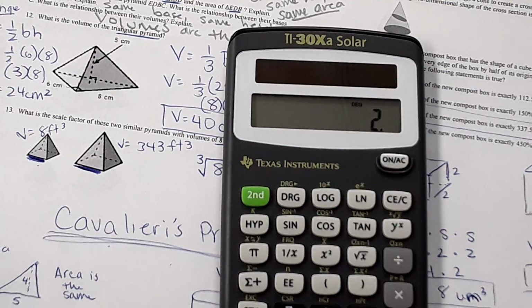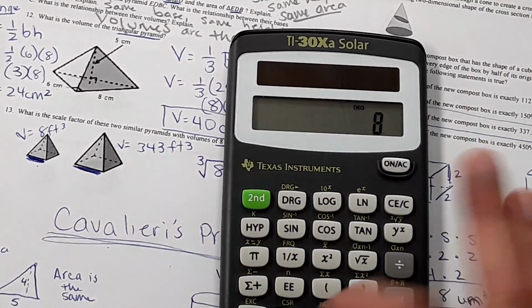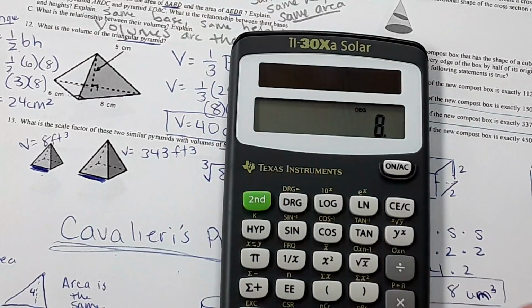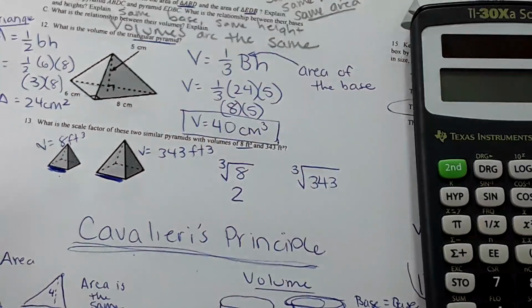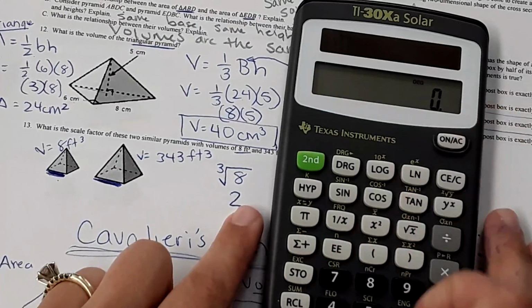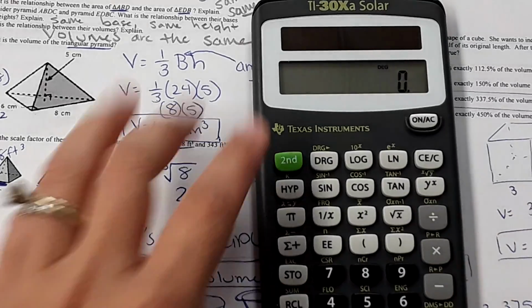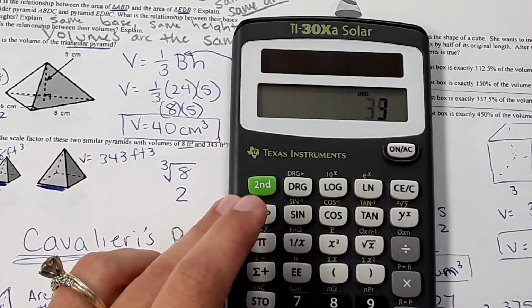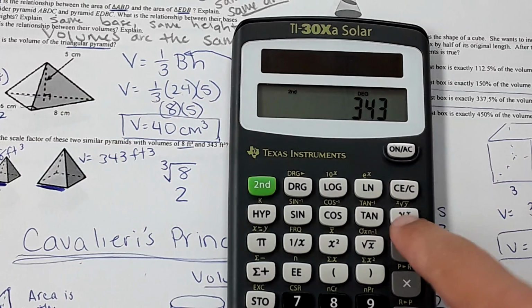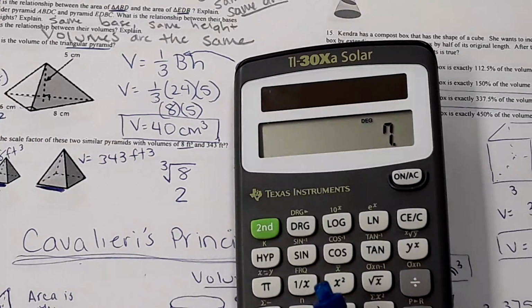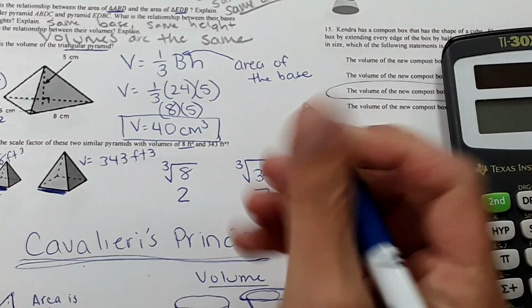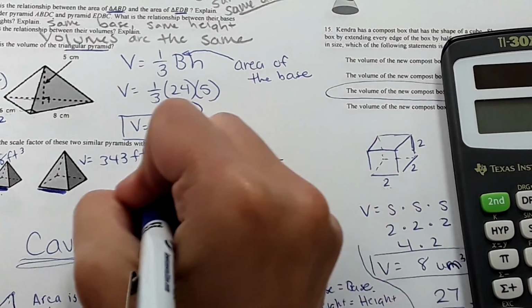Sometimes it takes some trial and error. Okay, let me do that again. So I did 8, second the button, then 3 to get 2. So the cube root of 8 is 2, which you may have already known. And then for 343, same process, 343, second this button, 3 equals 7. So the answer is 2 to 7.